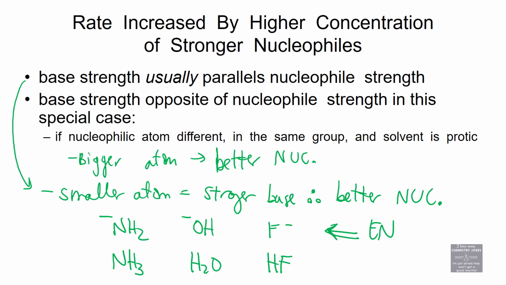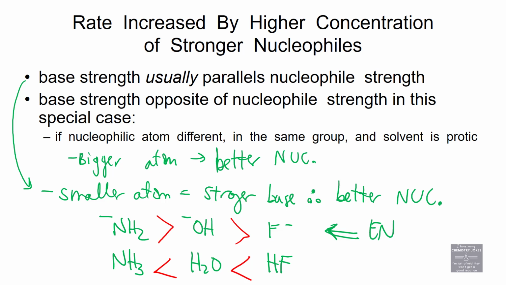If we're comparing those three acids, the strongest acid on that list is HF, then next is H2O, then last is NH3. HF is the strongest acid because all of those atoms, N, O, and F, are similar radii, and F is most electronegative. So HF is the strongest acid, which means F minus is the weakest base.